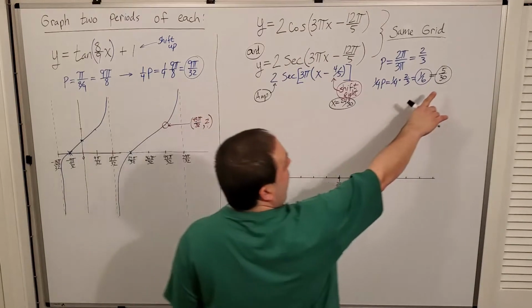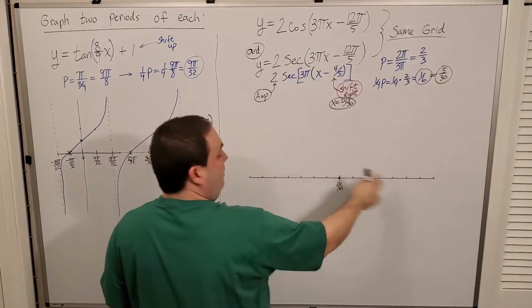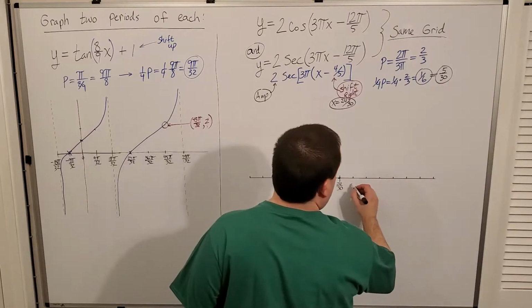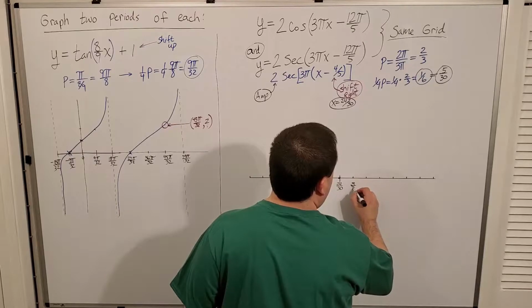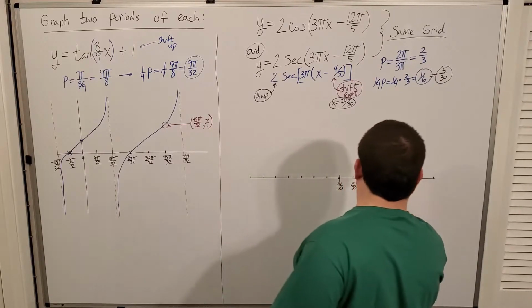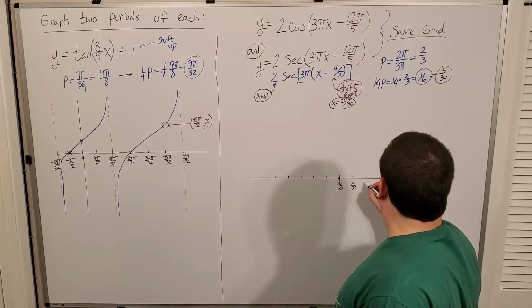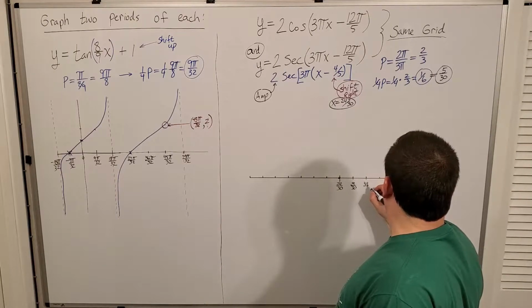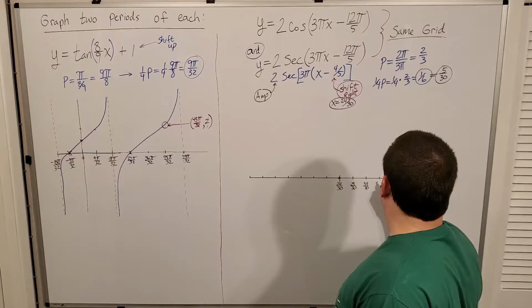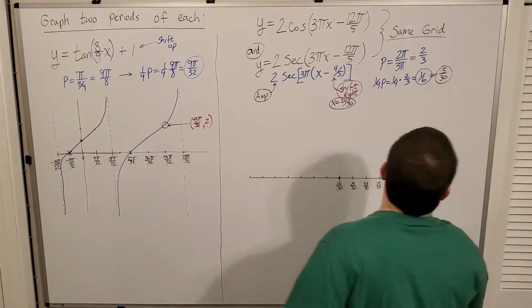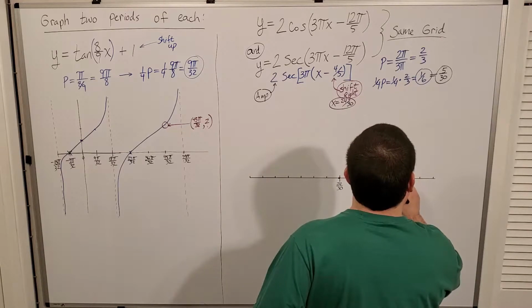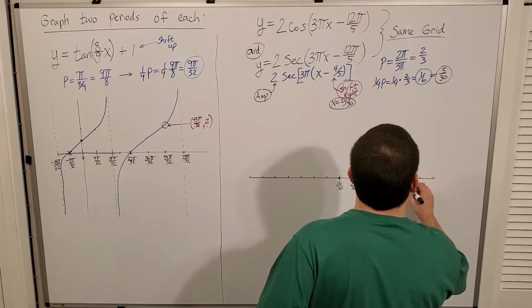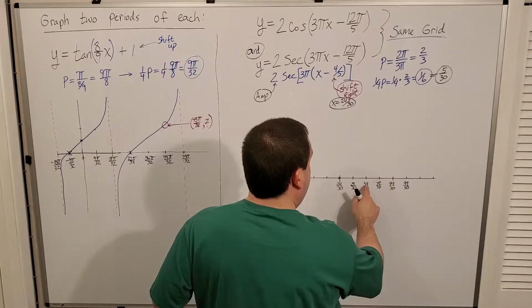I'm now going to start counting 5/30ths in both directions. So this will be 29/30ths, right here. This one will be 34/30ths. Then I'll have 39/30ths, 44, 49. 1, 2, 3, 4, 5.